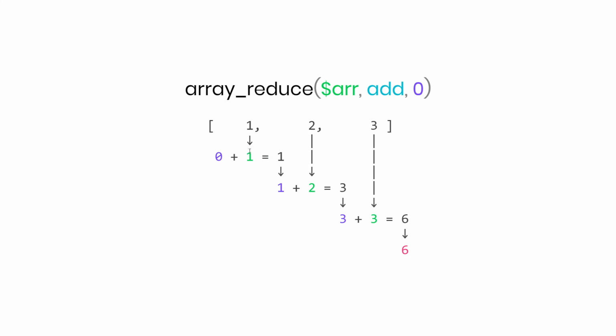The first time through, our accumulator is going to be 0, which is the seed value that we passed in. And our current value is 1. We pull that down. We add those two together to get 1. That 1 becomes our accumulator. So in our next iteration, we have 1 plus our current value of 2, which is 3. 3 becomes the accumulator. 3 is also the current value. We add those together, get 6. We're done iterating, so we get 6.